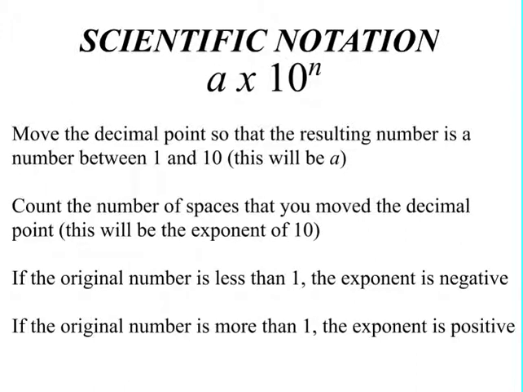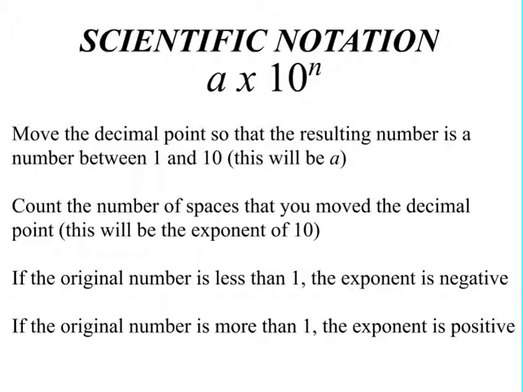So let's go ahead and look at this. There are 4 different steps that you can follow in order to find scientific notation. The first step is to move the decimal point so that the resulting number is a number between 1 and 10. We call that number A. Second step, we count the spaces that we moved the decimal point.